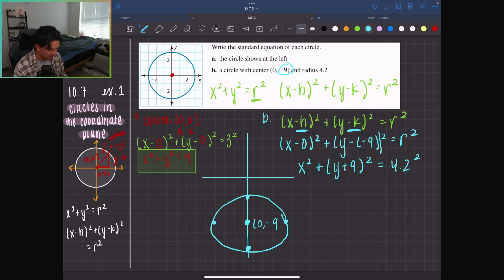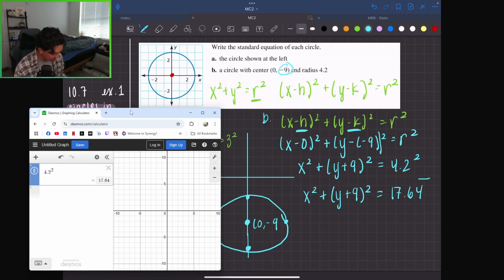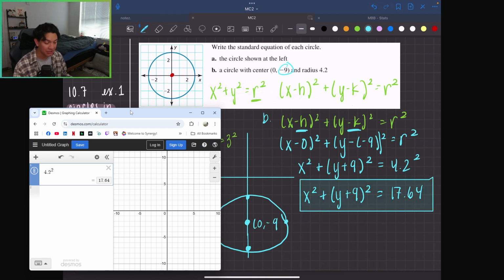And then let's just go ahead and finish this off. X squared plus y plus 9 squared equals 4.2 squared. I have no idea what that is. So 4.2 squared is 17.64. So this is your equation of a circle with center 0, negative 9, and radius 4.2.